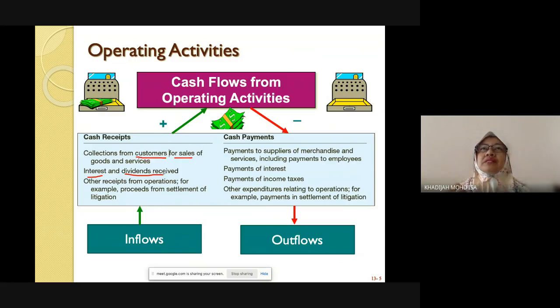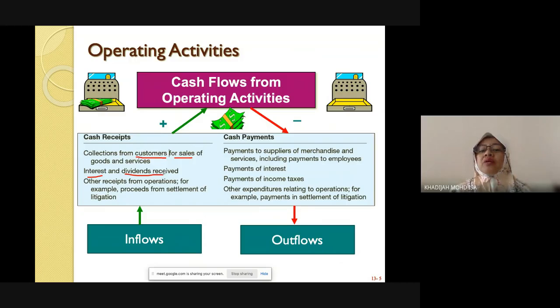So if a company was involved in legal issues, and there is compensation paid to the company because of that litigation, then the money received will be classified under operating activities. So when we talk about operating activities, it always refers to your customers, your interest income, your dividend income, as well as other proceeds that you receive.